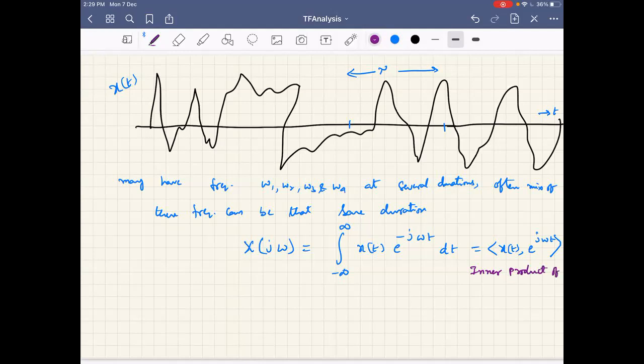Inner product is the same as projecting x of t on the complex exponential e power j omega t, as we have discussed in earlier classes. It also gives the correlation with respect to the corresponding frequency for a particular omega. But this inner product we are not finding for a particular duration; we are finding it across all durations.